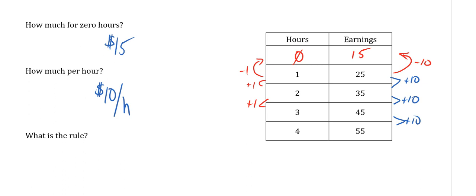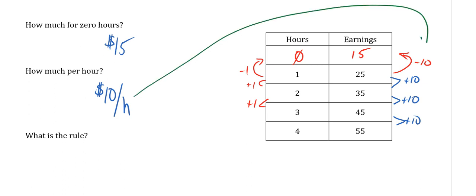So that comes from that rate over there. And it's $10 each hour because each one of those is changing by 1, right?